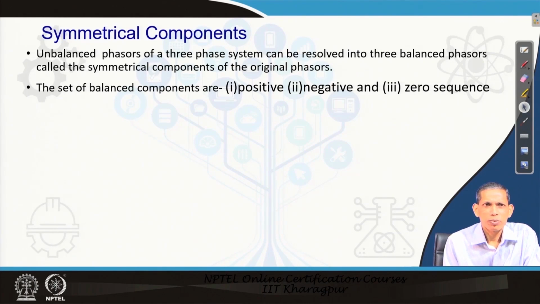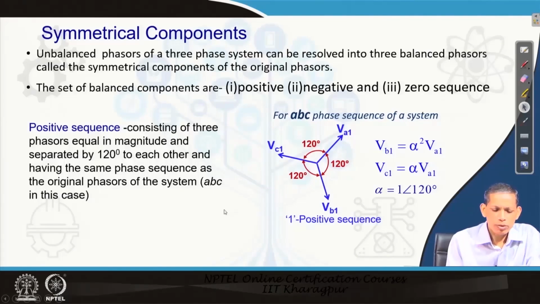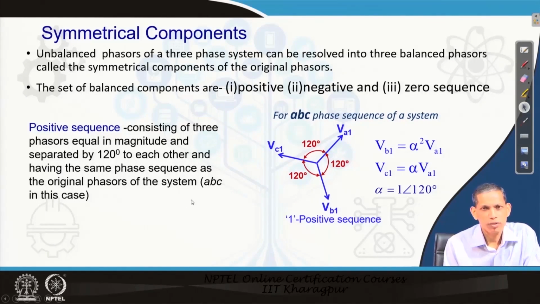These balanced phasors are of three types: positive, negative and zero sequence. The positive sequence consists of three equal phasors, equal in magnitude with a phase separation of 120 degrees from each other, and it maintains the original phase sequence of the system.